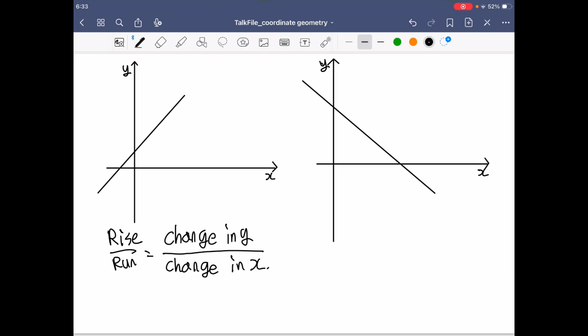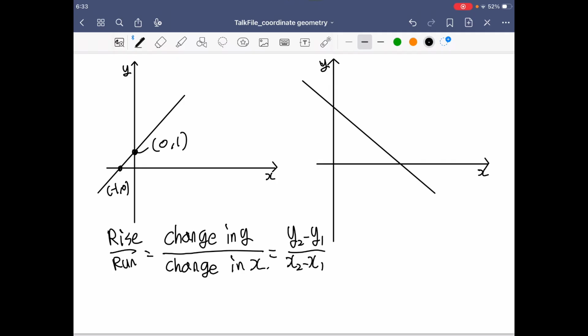And then let's just think about this y-intercept. Let's say this is 0, 1, and this is -1, 0. So when we calculate rise over run, usually what we do is y2 minus y1 over x2 minus x1.